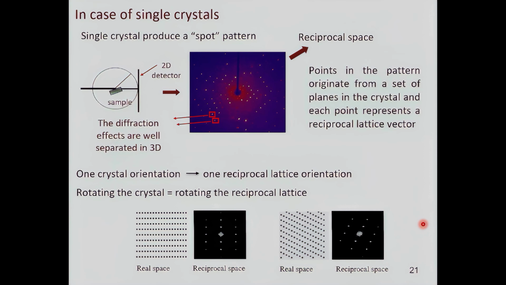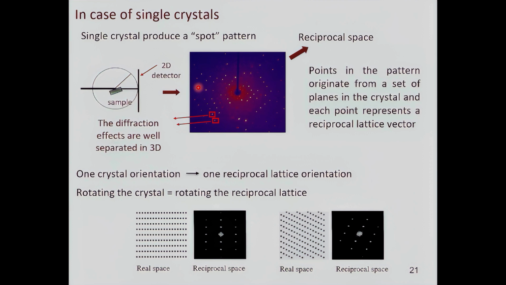Okay, to better understand, I show you the case of a single crystal. In the case of a single crystal, we have here a single crystal, the sample, X-rays incoming, and the diffracted beams are collected by a 2D detector. What we collect is this one. This is the reciprocal space that I spoke about before. It is constituted by a lot of spots.